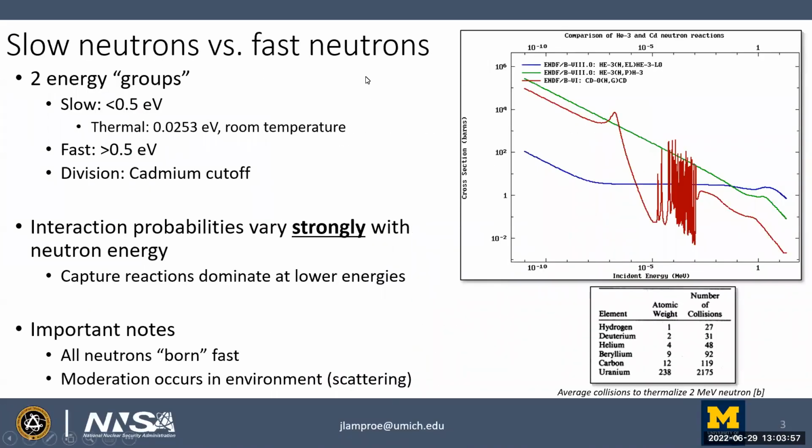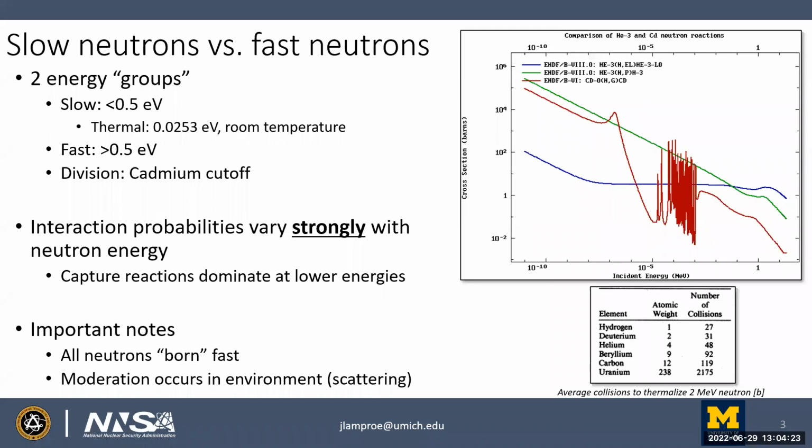I know Flynn probably talked about thermal, intermediate, and fast neutrons, but for detection, it's pretty easy to break them into just two groups. Slow is anything below 0.5 eV, and fast is anything faster than that. This is because the interaction probabilities and cross sections depend very heavily on the neutron energy.